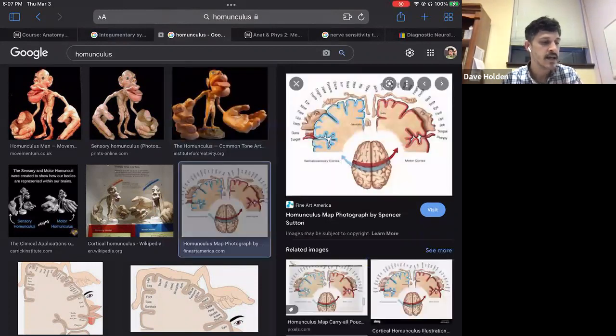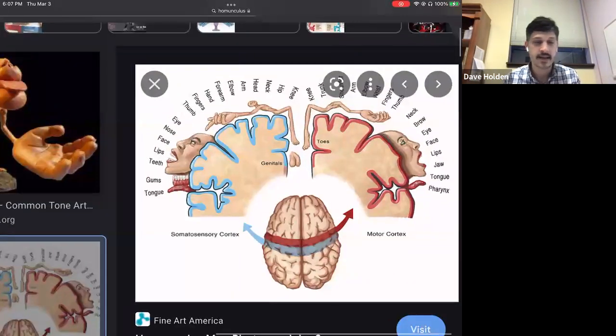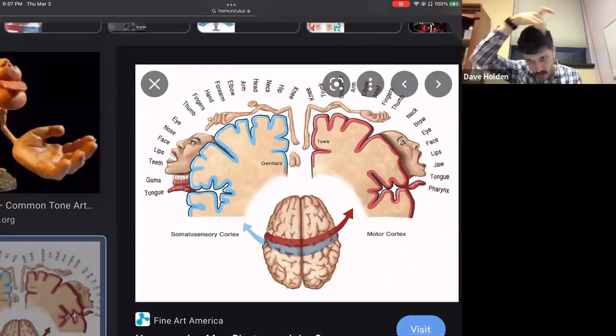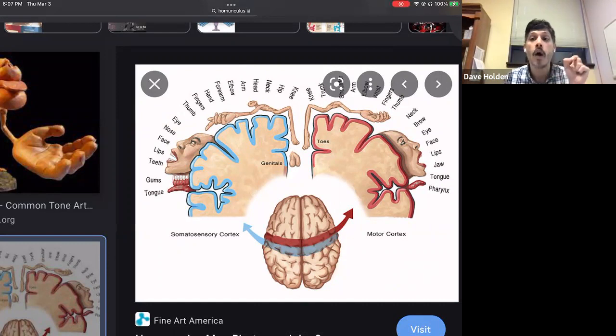Another thing you will often see is a homunculus map like this. The parietal lobe of the brain is where all sensory information is integrated and understood. And the parts of the brain are very specific about what body part they are detecting. So if you start at the 9 o'clock position here, you see the one that says the tongue?